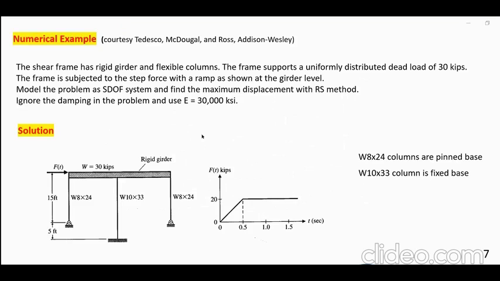Now, let's do a simple problem here. We have a one-story building basically, and we are assuming that this girder is rigid. This girder is the roof of that one-story building.